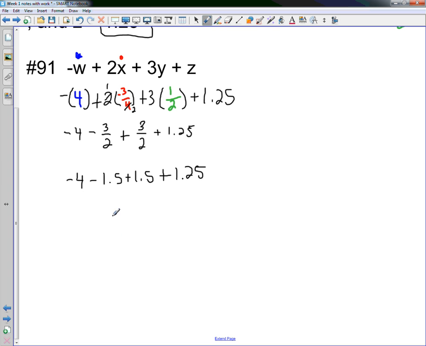Now I can go ahead and subtract these first two. So negative 4 minus 1.5 is negative 5.5, plus 1.5, plus 1.25.